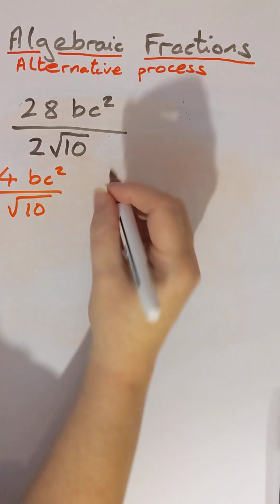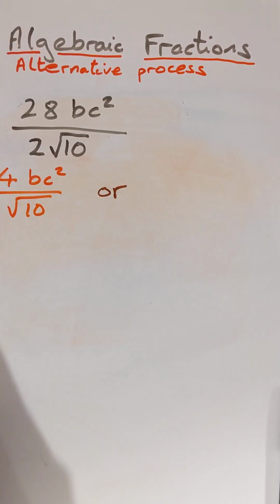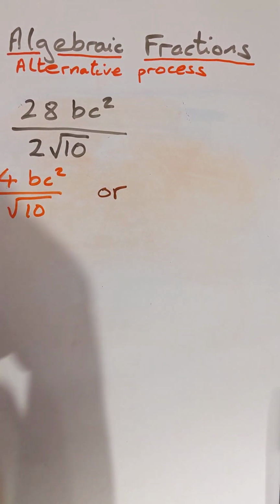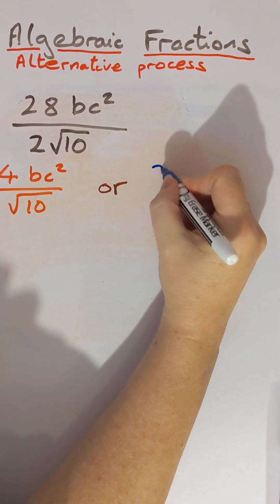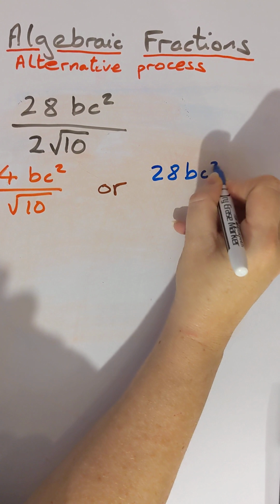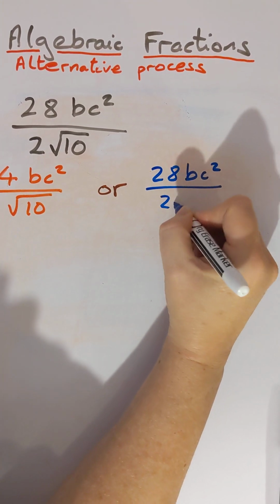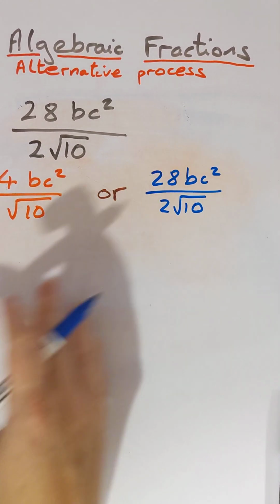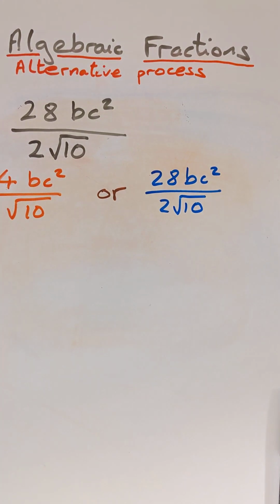Or I could write that as, work with it as the 28 bc squared over 2 root 10 and work from there.